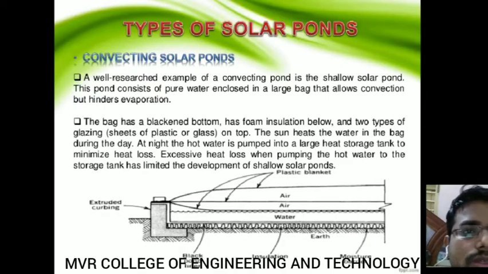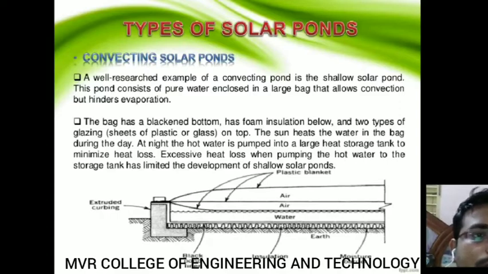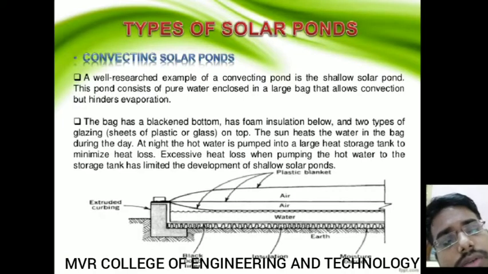If you observe the picture of the solar pond, there is an extruded curbing, a black pond liner, insulation, earth, a moisture barrier, water, and air. There is a plastic blanket on top. An example of the convective pond is a shallow solar pond, which consists of pure water, used to absorb the heat from the sun.